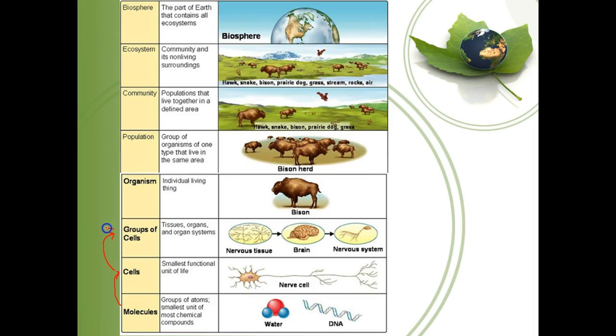Tissues make up the organism. Organisms make up a population of that organism. A population of organisms make up communities when you have multiple populations together. Communities will make up ecosystems. Ecosystems are the living and non-living components of a particular environment, and then multiple ecosystems make up the biosphere. And remember, biosphere is the layer of Earth where life exists.